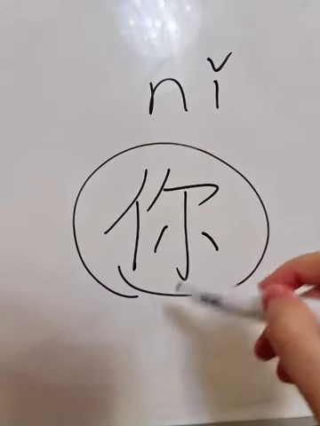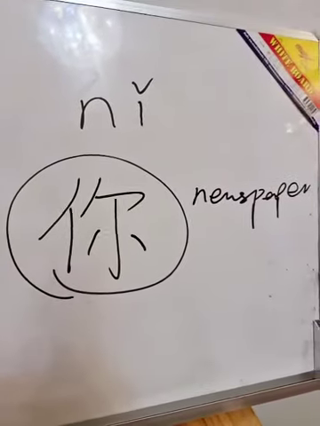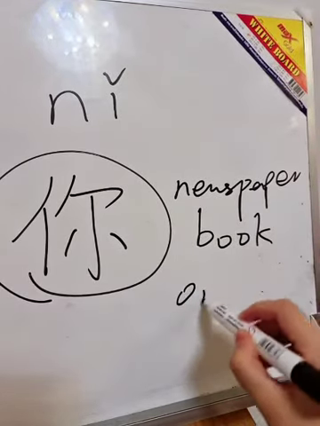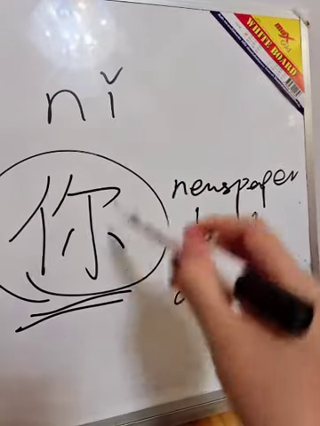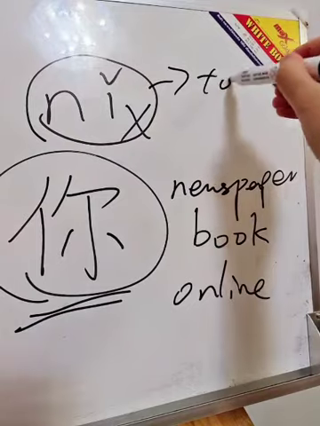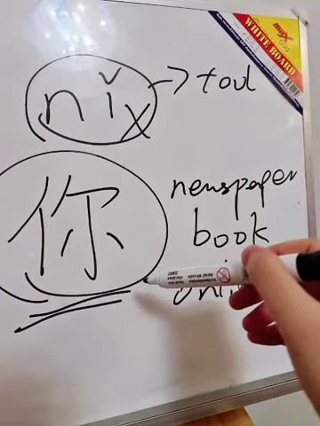Because in China, if you read newspaper, okay, if you read newspaper, you read book, you read online, you read anything, we just have characters, we don't have pinyin. Pinyin is just a tool to help us how to pronounce the characters.